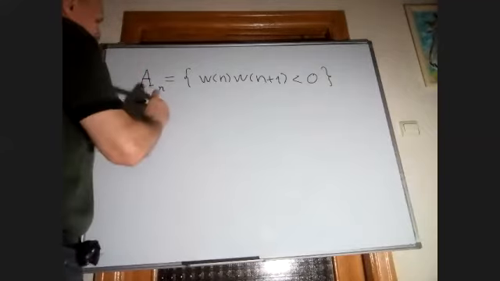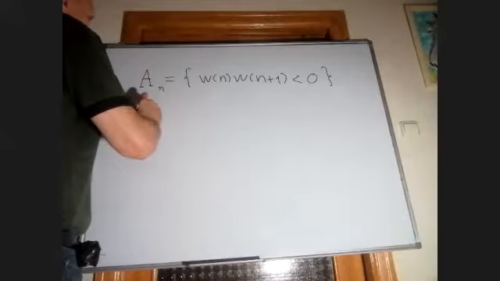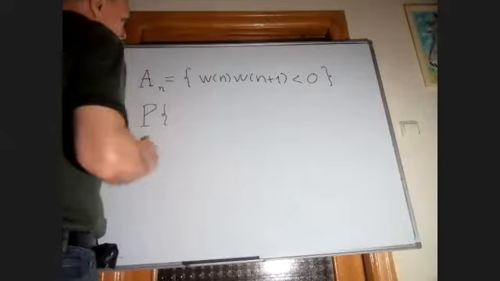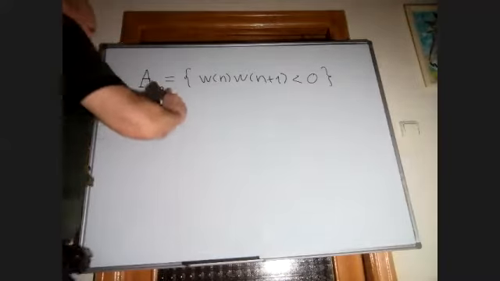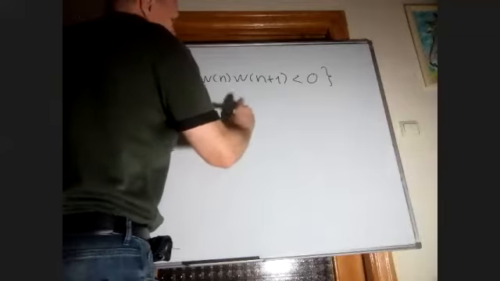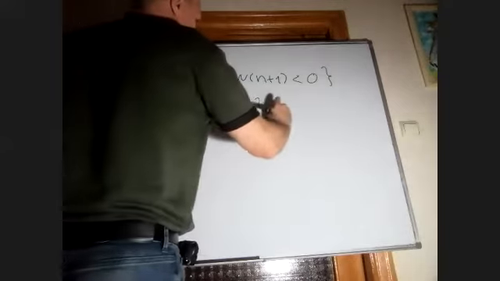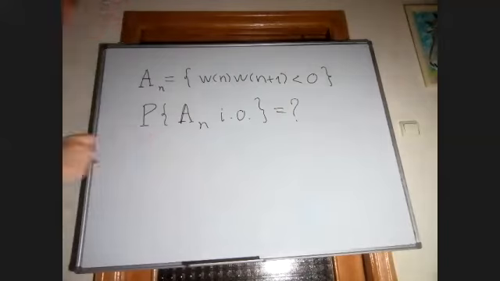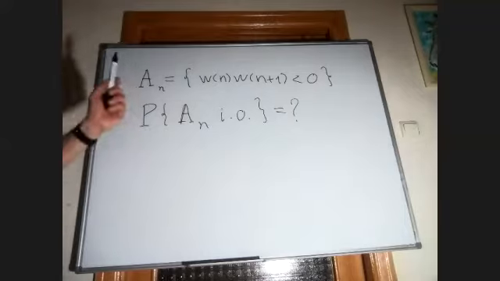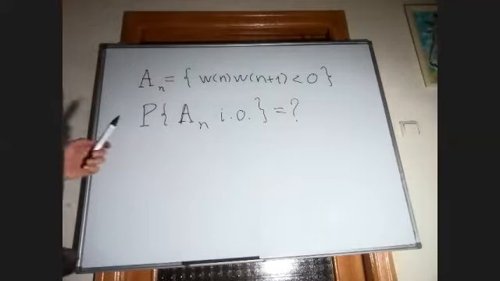So the question is, what is the probability that we will have A_n infinitely often? Let us check that this probability is equal to 1.